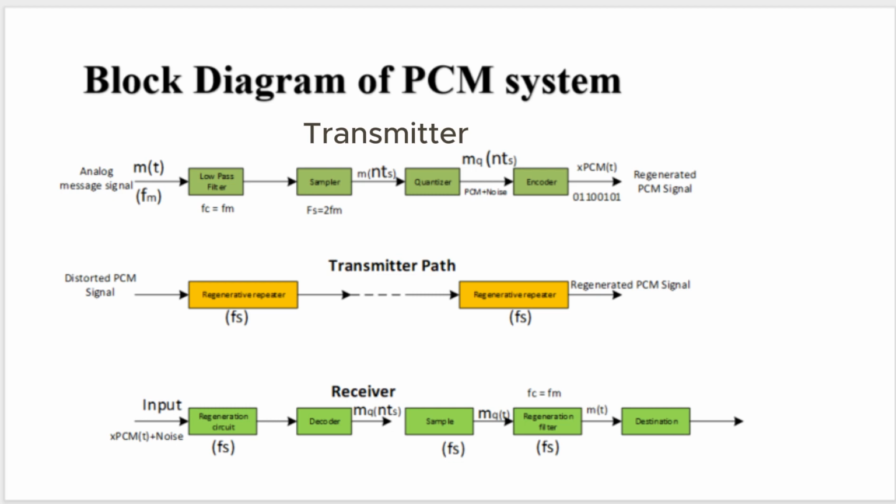Now the digital word is converted to an analog value encoded as mq(t), with the help of the sample and hold circuit. The signal at the output of the sample and hold circuit is allowed to pass through a low pass reconstruction filter to get the original message called m(t).